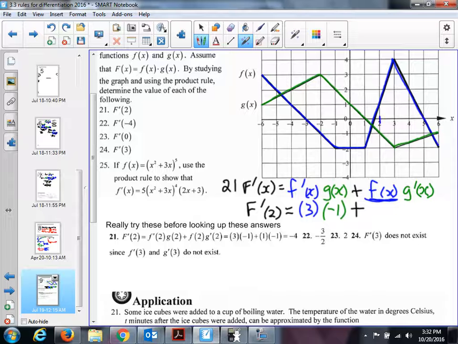Well, 2 right here, the function's value, f of 2, is 1. And replace that with 1 right here. Lastly, g prime of x. So g prime at 2. What's the slope? Well, it's a straight line again. And do you see? Run of 1, a drop of 1. So it's negative 1.